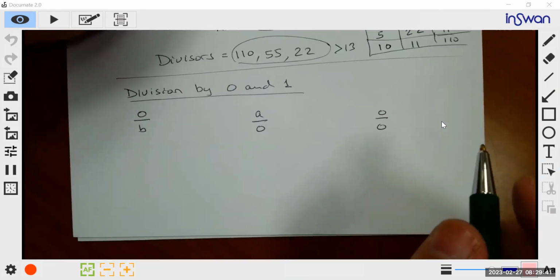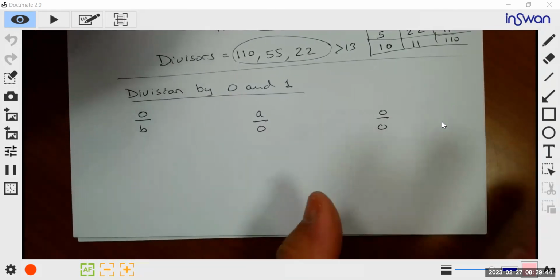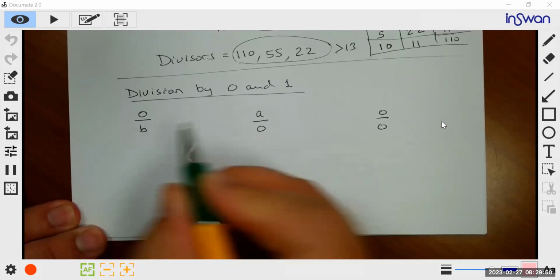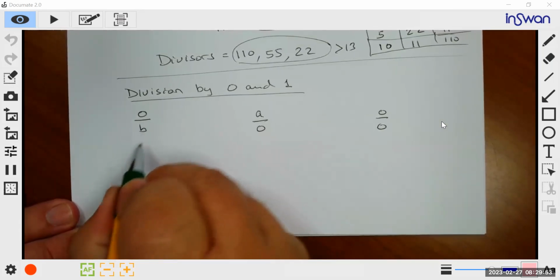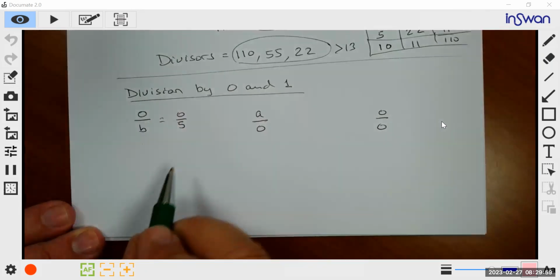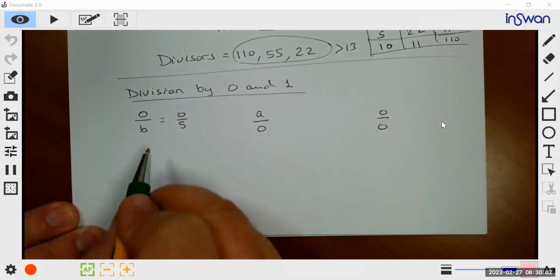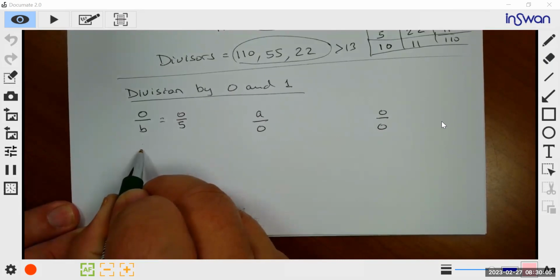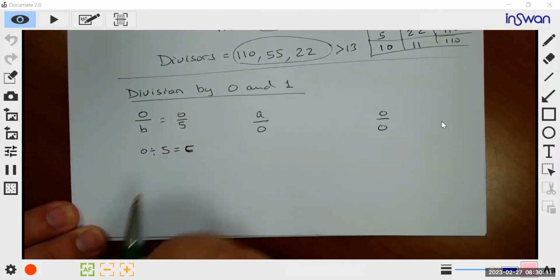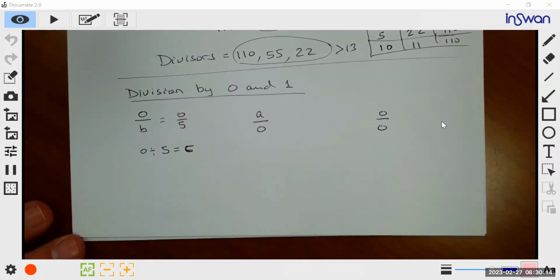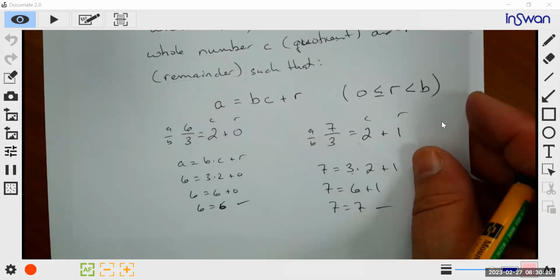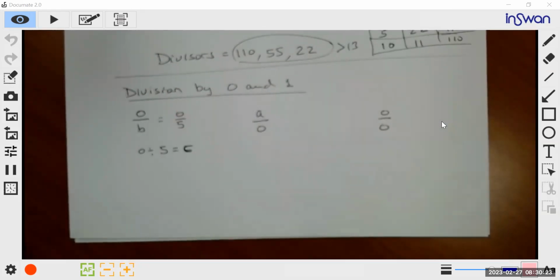Remember, we have to use the properties that we had originally. All right, so let's use numbers. Let's say B is 5. Zero divided by 5 equals some number C. Remember from earlier, we want the remainder to be 0.